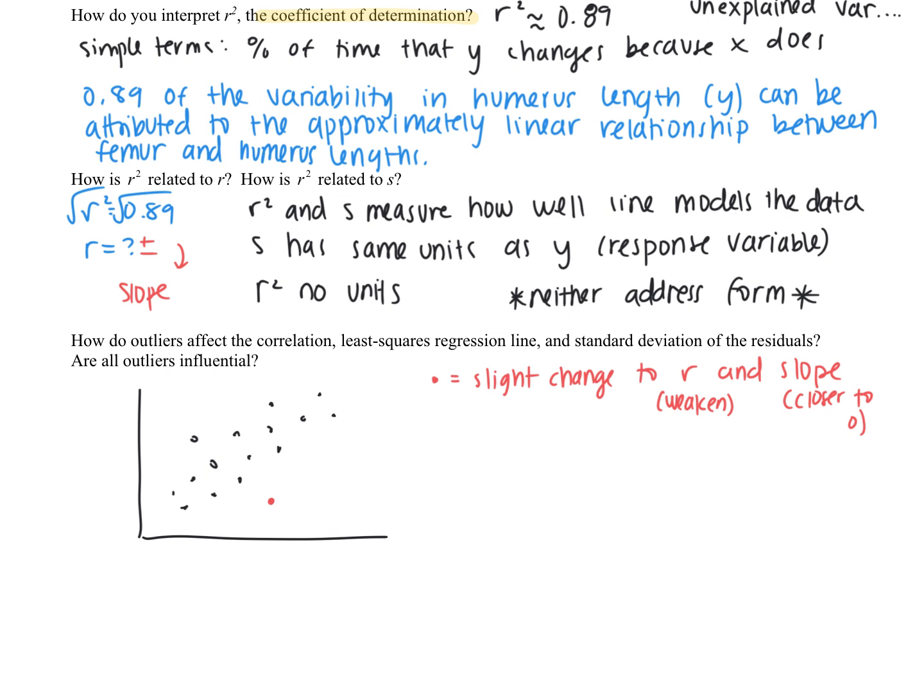If I put a point over here, this blue one, is that going to affect r and the slope? So I'm talking about this blue point over here. Is that going to affect r and the slope? Yeah. Which one has a bigger effect, the blue point or the red? Blue. So blue will definitely strengthen r.